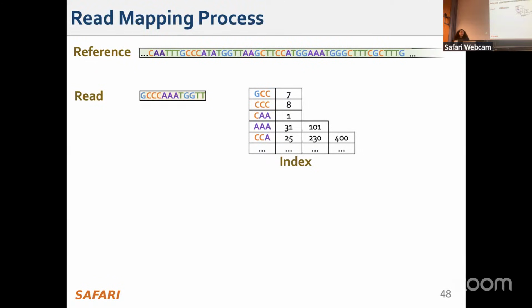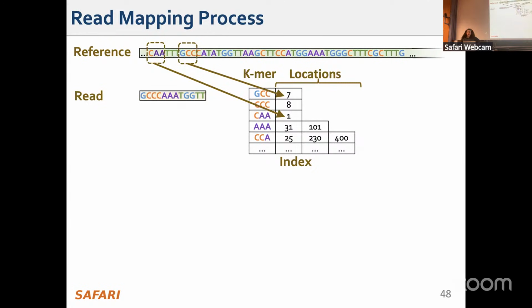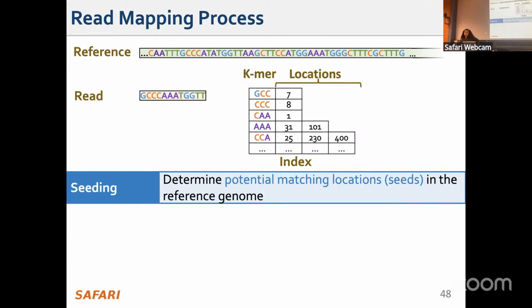Okay. So commonly, because the search space is very large, we have this index generated offline with these k-mers, subsequences of length k, extracted from the reference genome with their locations. The first step is called seeding, to determine some potential matching locations or seeds in this reference genome. To do that, we extract these k-mers out of the read.